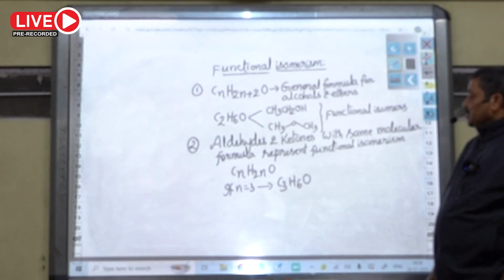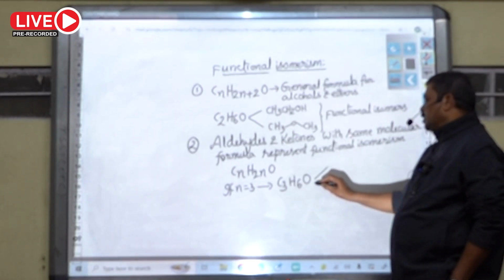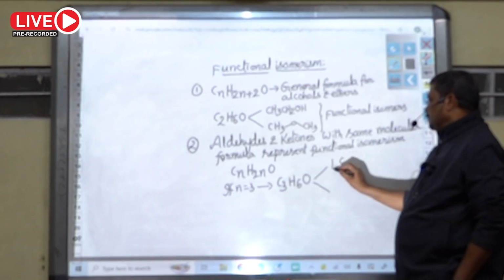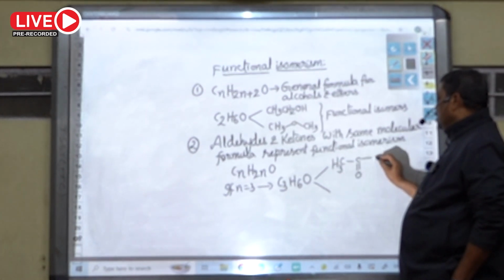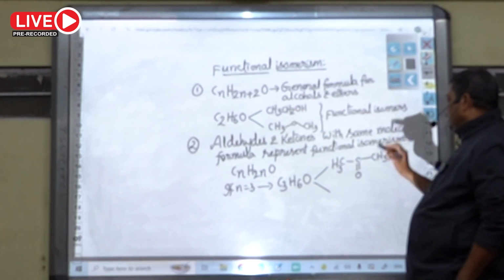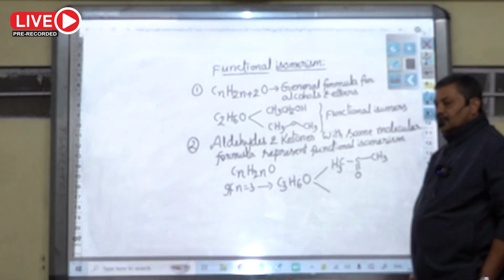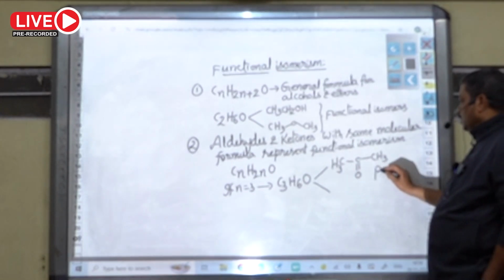Now the C3H6O can be represented in two ways. CH3COCH3, which is called propanone.